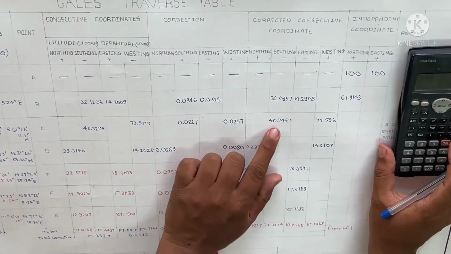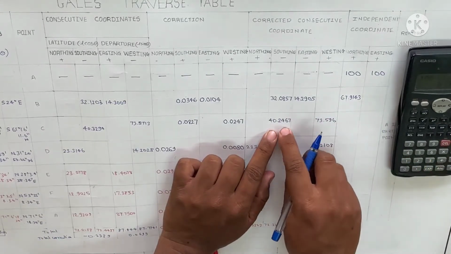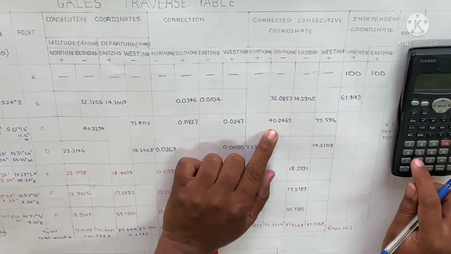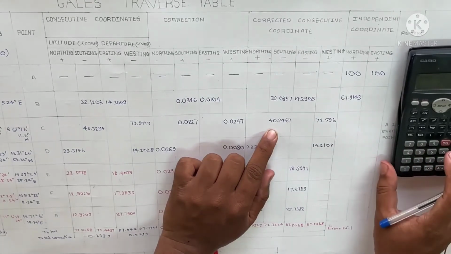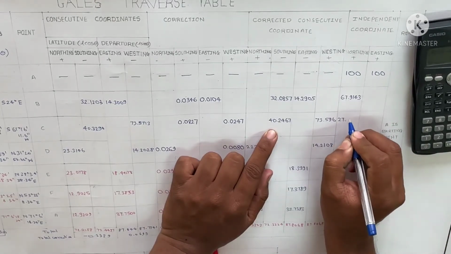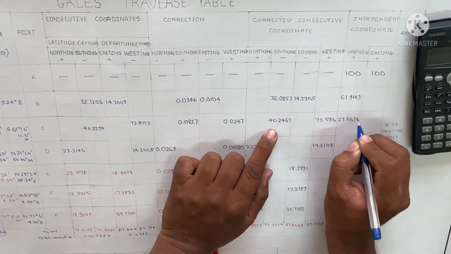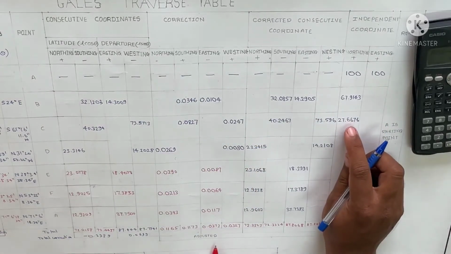Then again deduct the southing value, minus 40.2467, which comes out to be 27.6676. Care should be taken that it should not go below 0.